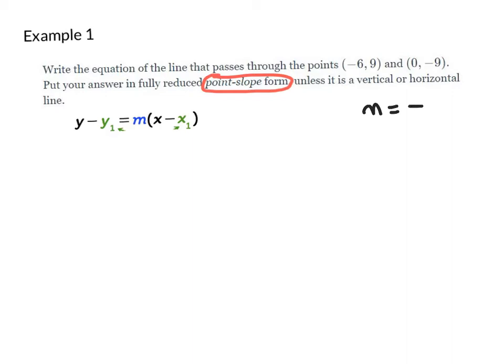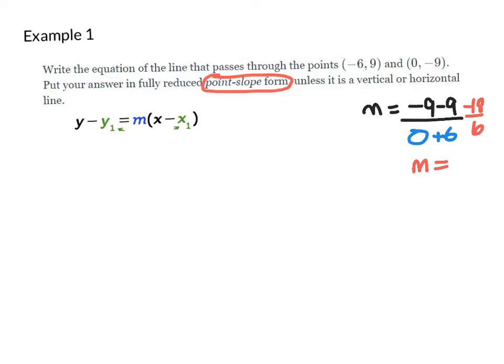So here's what that looks like. That would be negative 9 minus 9 over 0 minus negative 6, which is going to be 0 plus 6. When we simplify this, we're going to have negative 18 over 6, which equals negative 3.